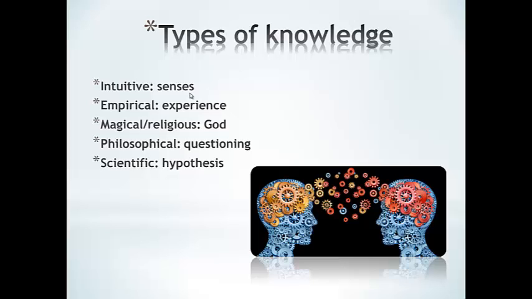Then the magical religious, which we acquire through reading different books from different religions, and it implies that some kind of magical force is the one that controls how everything works.